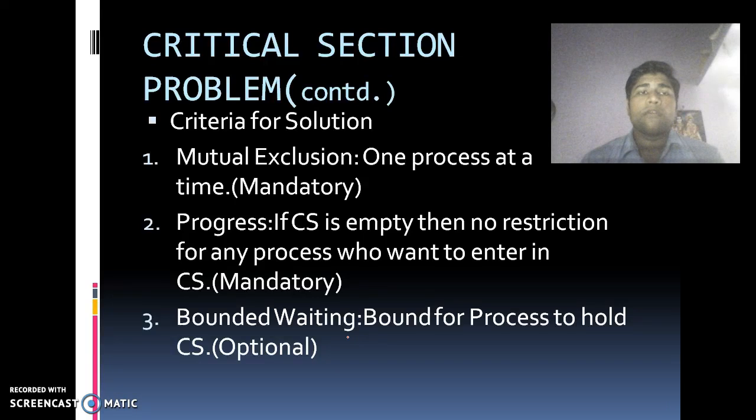So we have to bound the number of times any process should enter the critical section. This is optional. Further, when we go to the solution, we will only focus on the upper two criteria, mutual exclusion and progress. We will not look into this criterion.